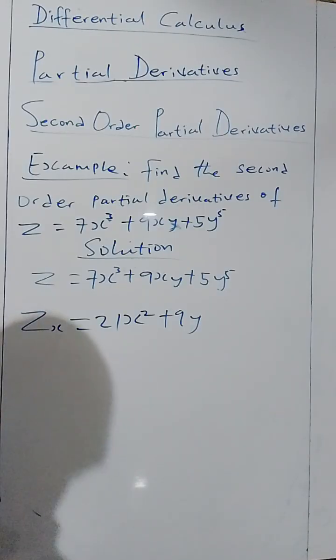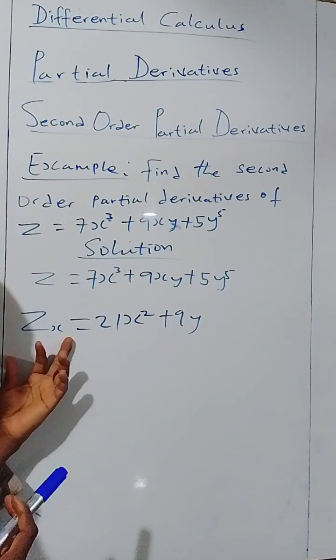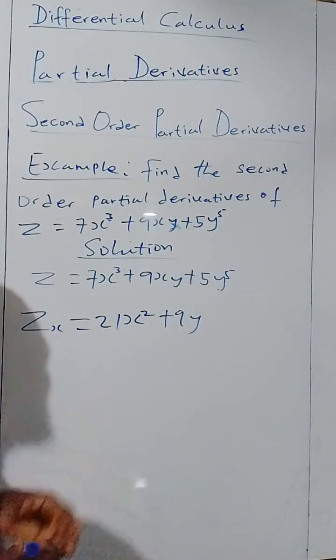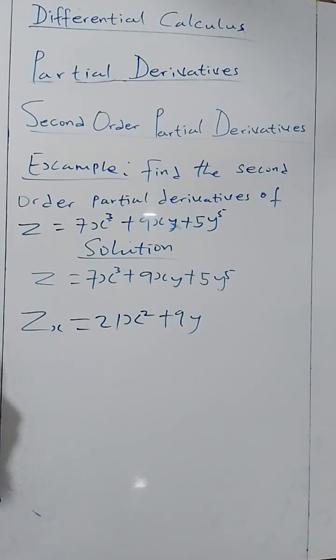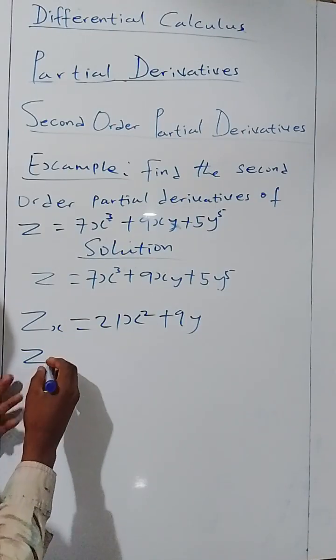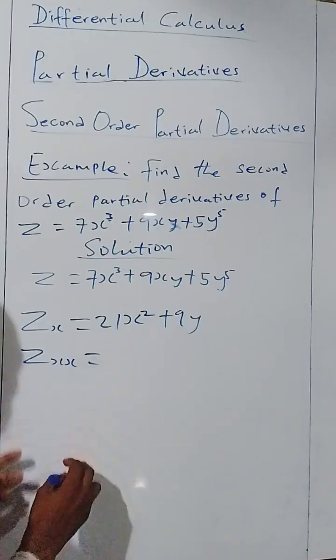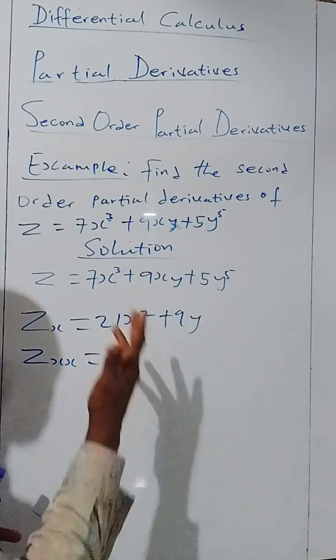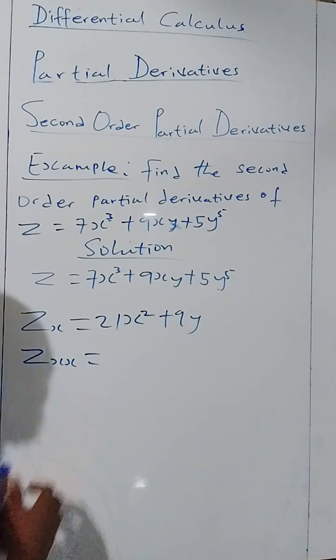Now that we have found the first order partial derivative of z with respect to x, we can proceed to find the second order partial derivative of z with respect to x. If I denote that with zxx, what I'm going to do is differentiate this first order partial derivative with respect to x.